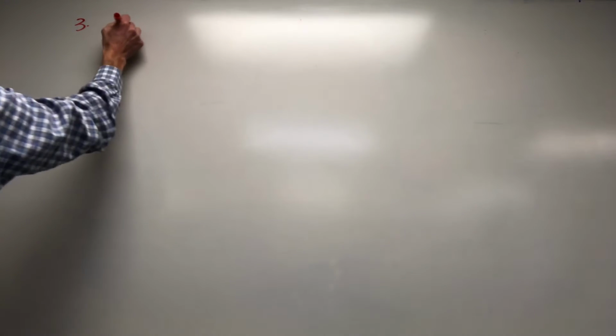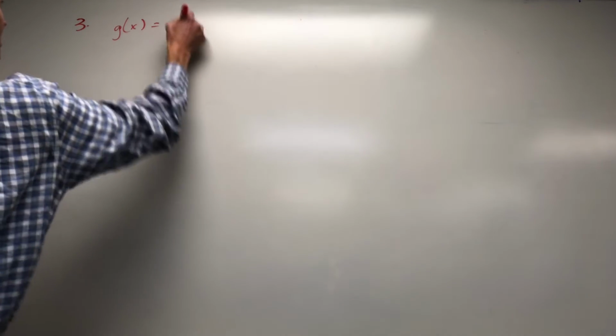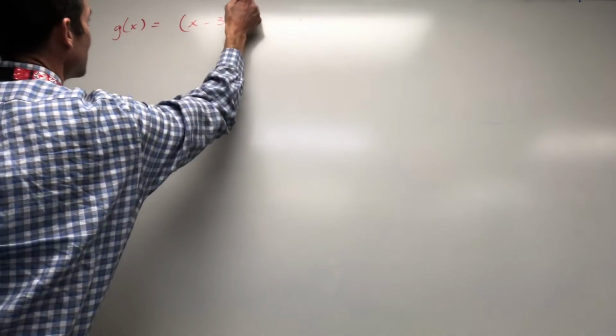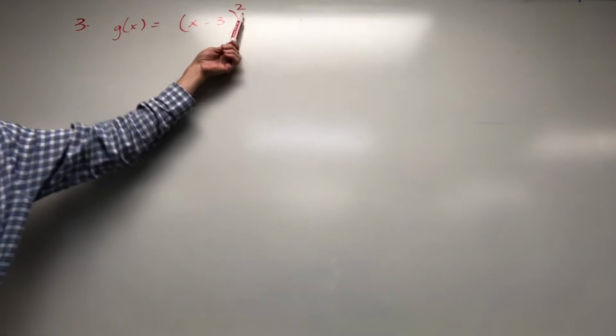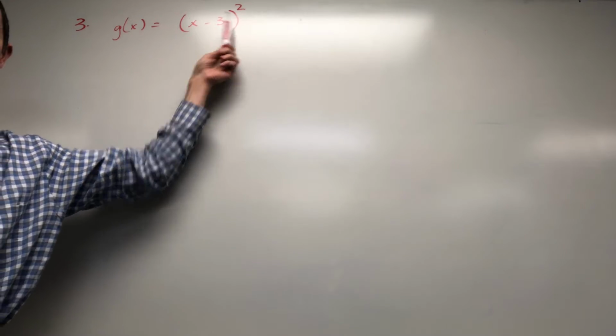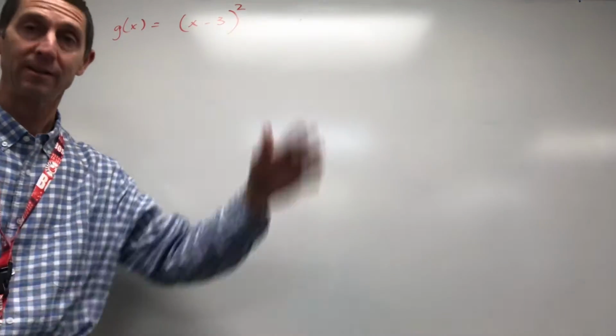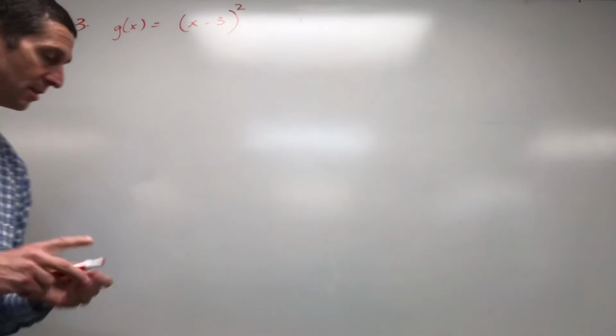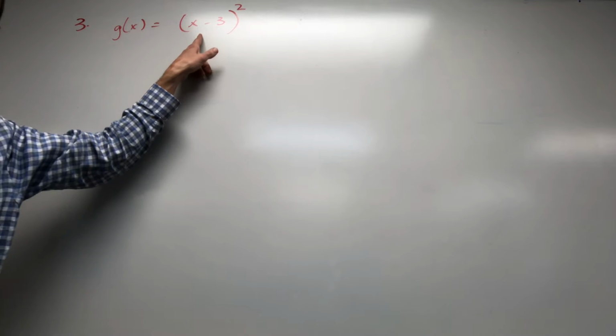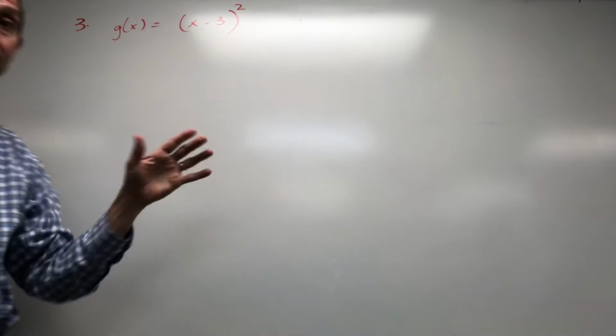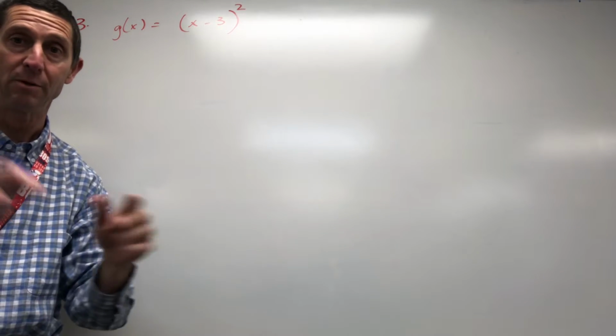Three, g of x equals (x minus 3) squared. As soon as you see this square jumping into the picture, you know what that means. It's going to be quadratic. I've got a parabola that's going to show up. What we've got to decide is if anything's going on inside your parentheses. Now this is a crazy deal you've got to be ready for.